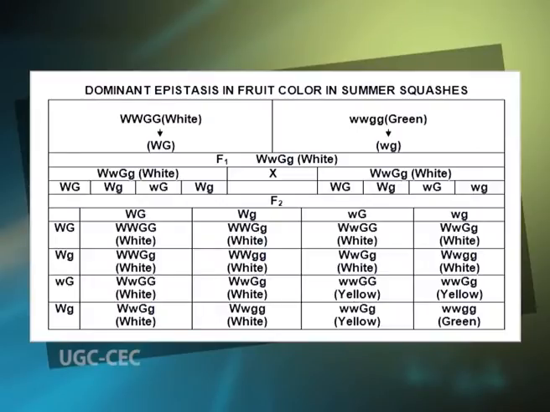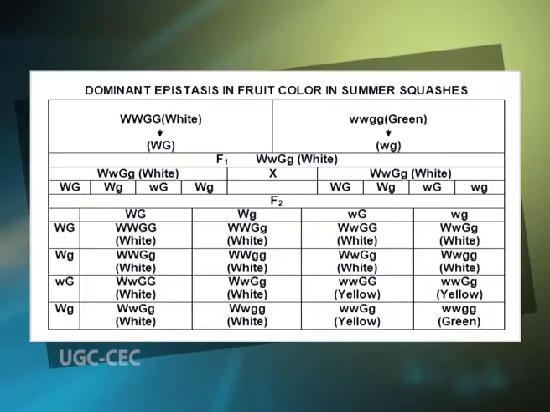When a white colored summer squash variety wherein the genotype is capital W, capital G was crossed with a green colored summer squash variety wherein the genotype is small w, small g, all the F1 progenies are white color and the genotype is capital W, capital G, small g.